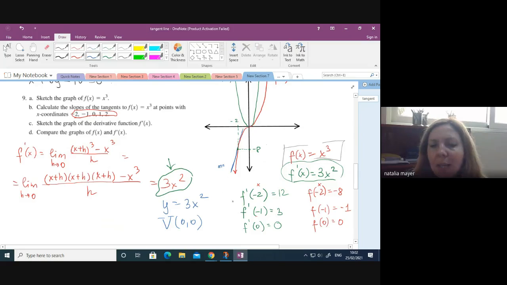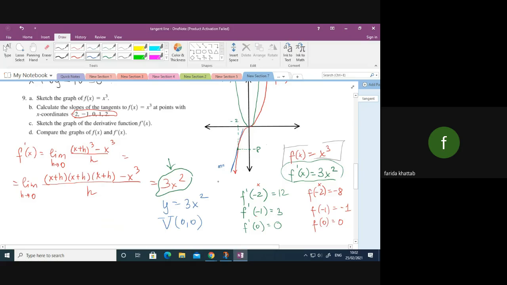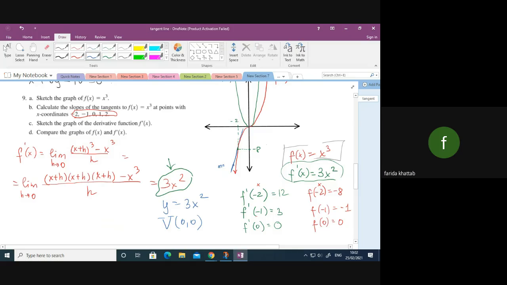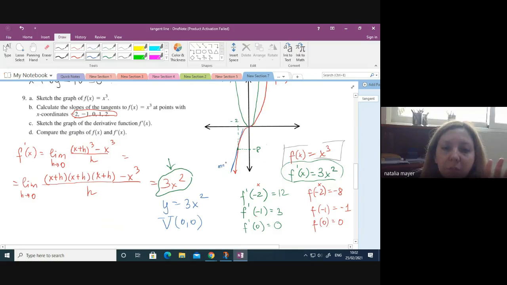So once again, the information is here. What is the slope of this tangent line? The derivative equation. Which is not equation. Slope is the constant. What's the m for this tangent line when x is negative 2? 12.